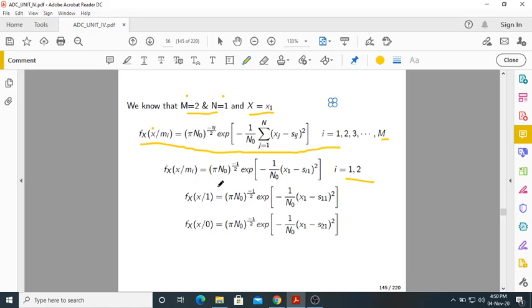If i equal to 1, m1, what is the first symbol? 1. m1 equal to 1. f_X of x given 1 equals this expression. f_X of x given 0 equals this expression. Now these are the two conditional PDFs of x given 1 and x given 0. Here what is x? It is nothing but x1 only. There is no need to mention it each and every time. So the received vector or observation vector is also a point. What is the point? x1.